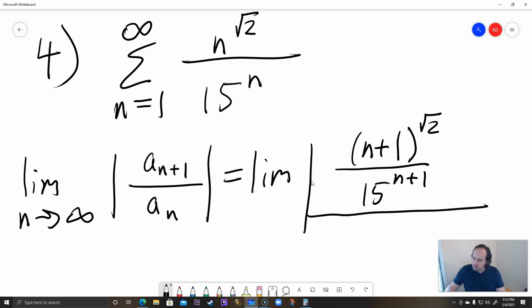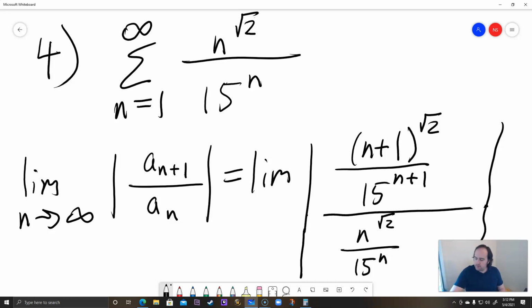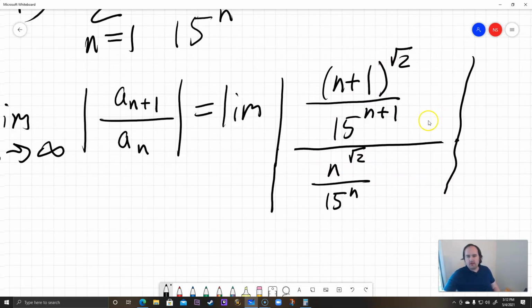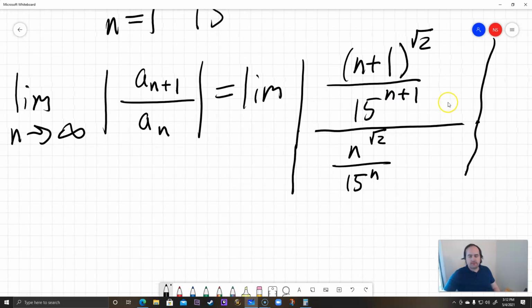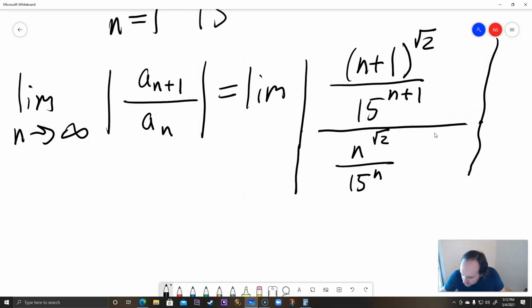And this is all over n to the root 2 over 15 to the n. Okay, so kind of the same setup as a lot of the earlier problems. The only thing that's a little bit weird is the n plus 1 to the root 2 and the n to the root 2. That might be the only thing that might throw you off a little bit. So what do we do with that stuff?